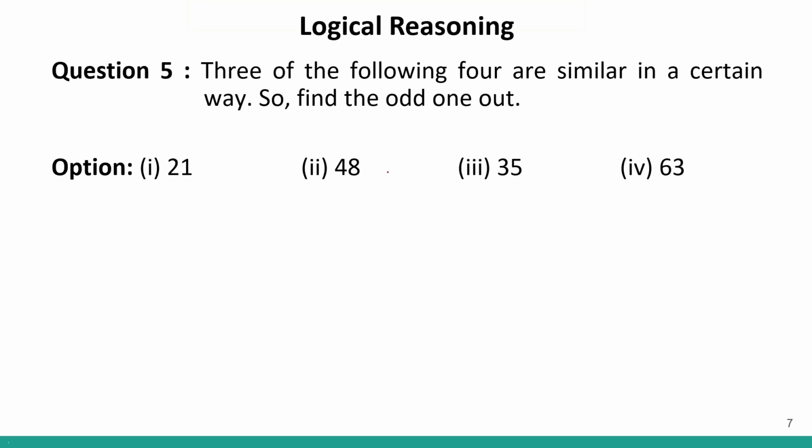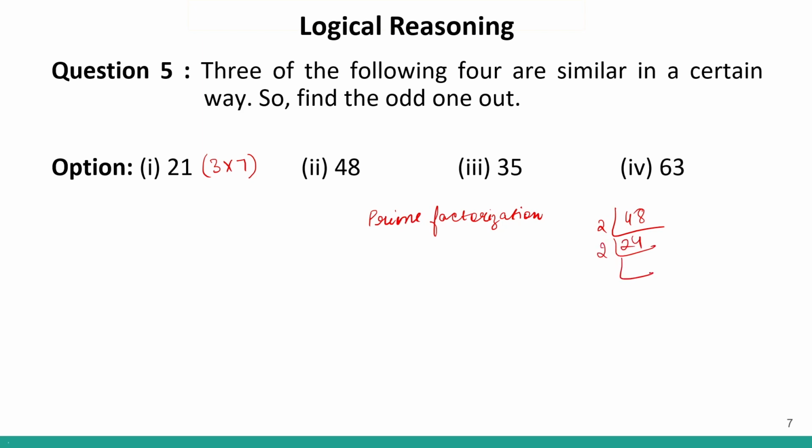So 21, 48, 35, 63, one of them is different. If I look at these numbers, I can see that 21 can be written as 3 into 7. Correct? If I do the factorization, if you know the method of prime factorization, for 48, if I divide it by 2, I'll get 24.